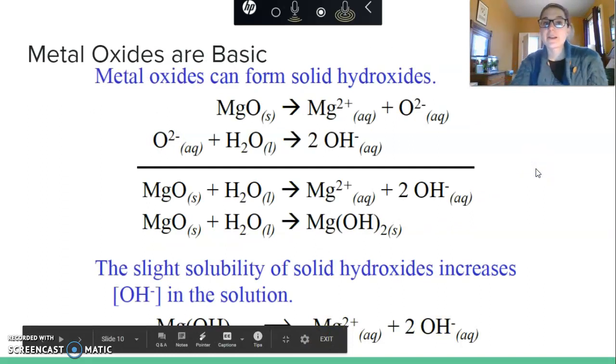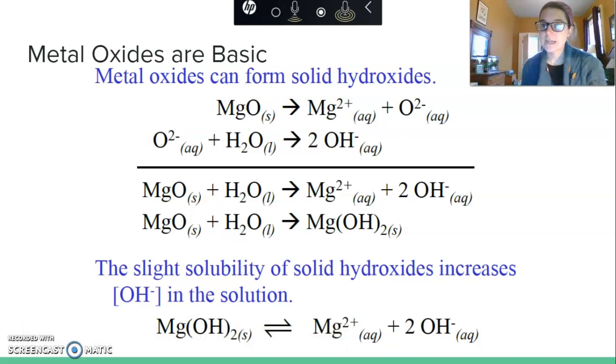We also have metal oxides that can act as a base. A metal oxide is any metal cation that's bonded with oxygen. That's where the oxide comes from. So it's an ionic compound with a metal and oxygen. If we have MgO solid, it might slightly dissociate into Mg2+ and O2-.